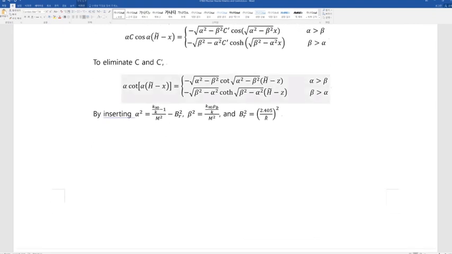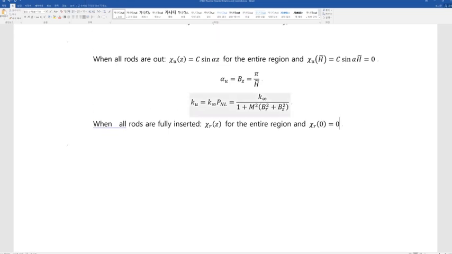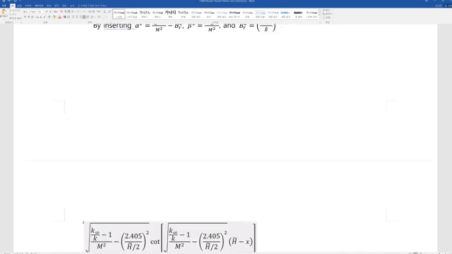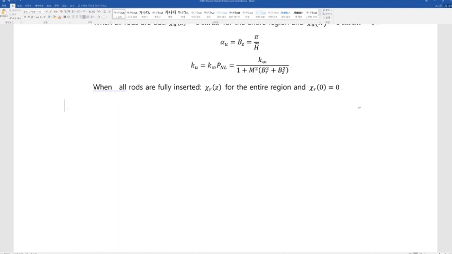So in fact, this alpha squared minus beta squared should be the buckling in the G direction.